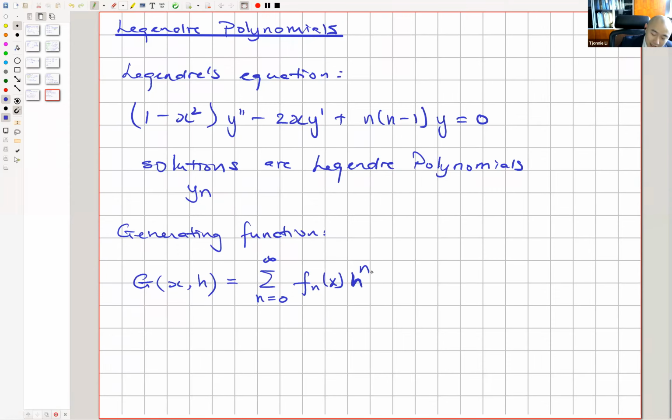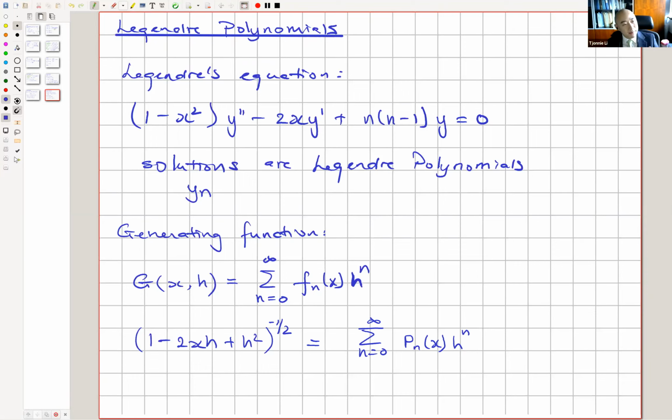And indeed, under certain circumstances, it is possible to find g in a closed form. So let me show you what I mean by this. Consider the functions P_n in such a way that I can write the following: 1 minus 2xh plus h squared, to the power minus a half, equals the sum from n equals 0 to infinity of P_n(x) h^n.